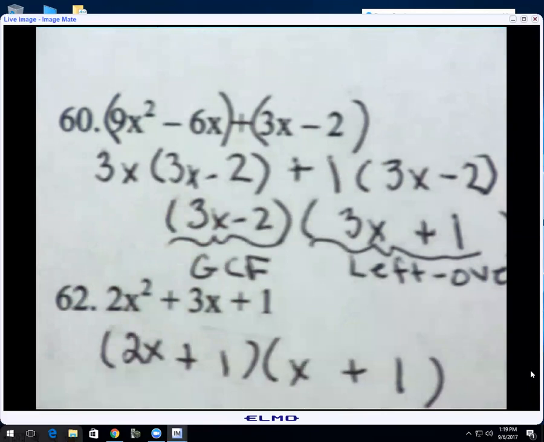For 6,000 bonus points, what property of math says order doesn't matter when you add? What? I can't hear you. I thought you said it. Oh, I know what you're saying. No, that's the order in which you simplify a long, long problem.